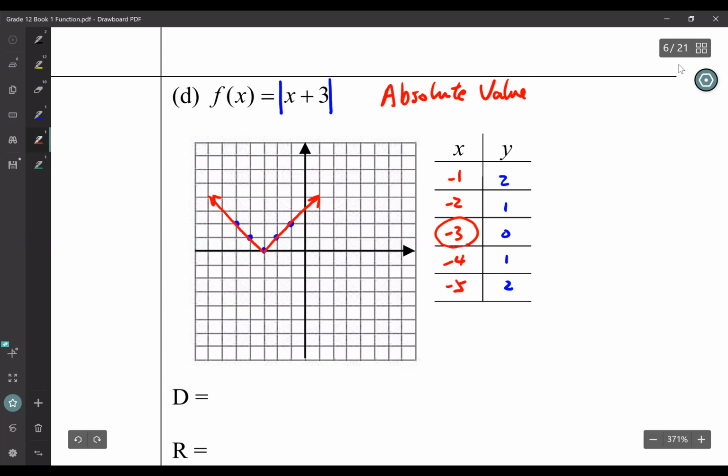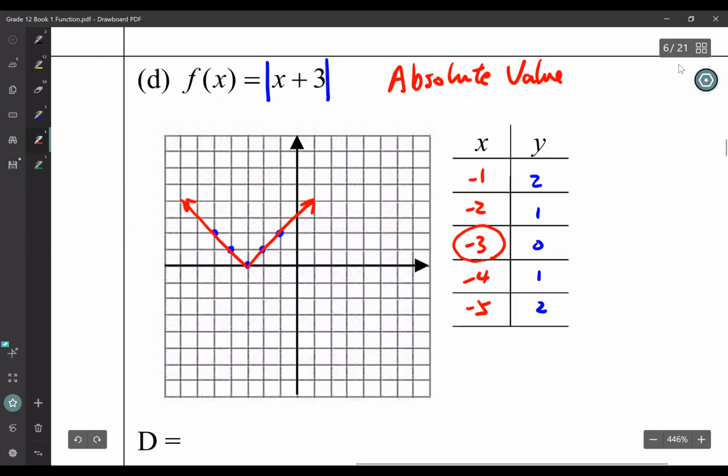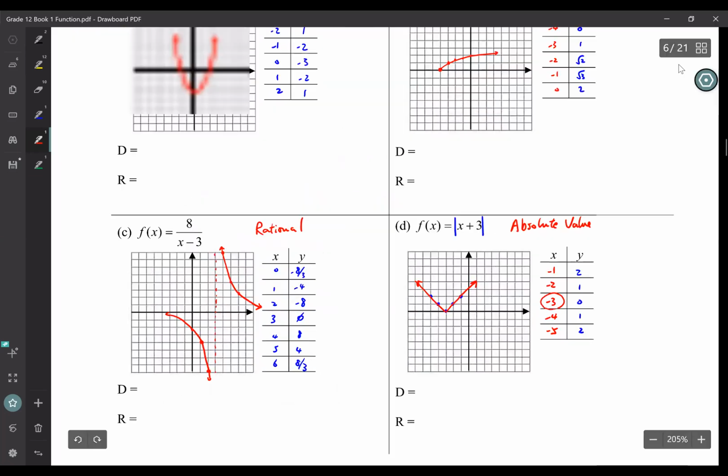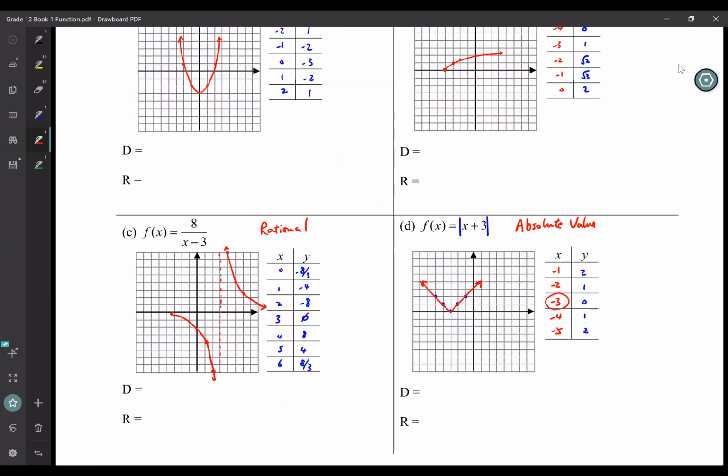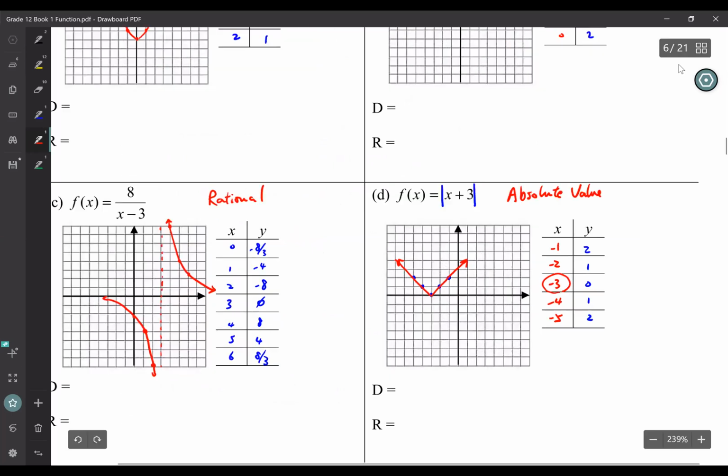So that's our graph, okay, for absolute value. So all the absolute value functions, well, most of them, okay, will have this kind of bending look, instead of something that's smooth, right? So this one has a sharp corner.